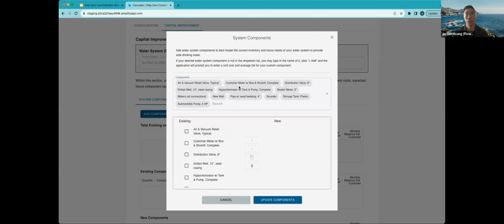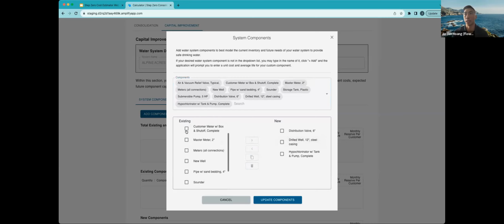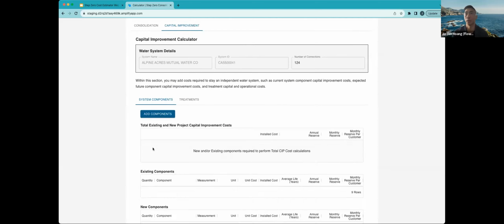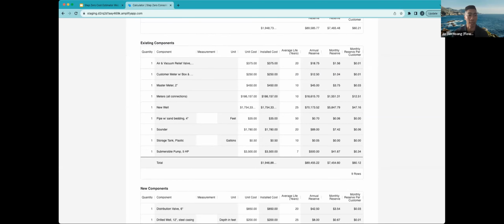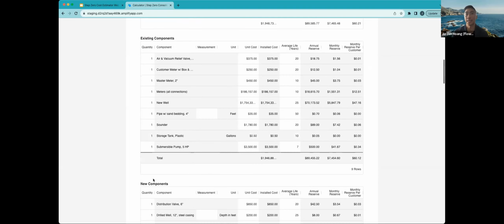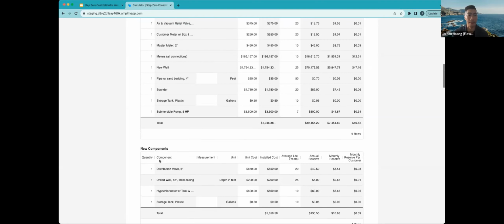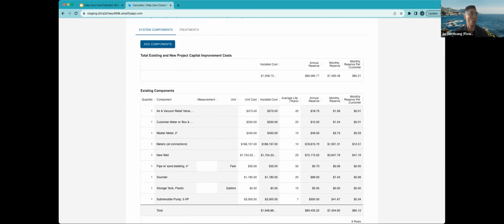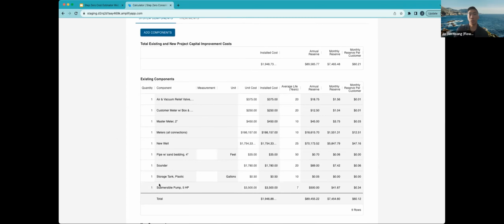So here you would go in, identify the components that make up your water system. You can copy over or transfer between existing and new components to accurately distinguish between the two. And then on adding, it would populate your two tables, existing and new. So for the unit cost, you'll see there are some pretty specific numbers and then some more rounded numbers.